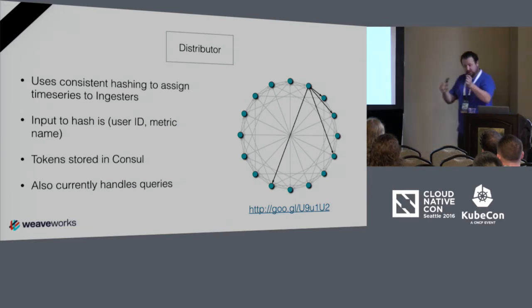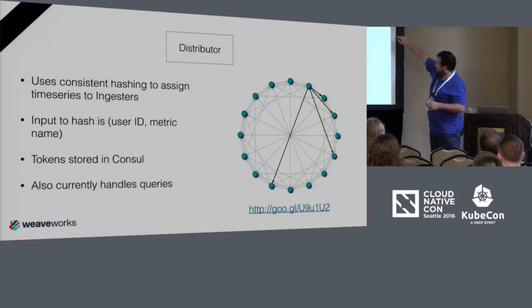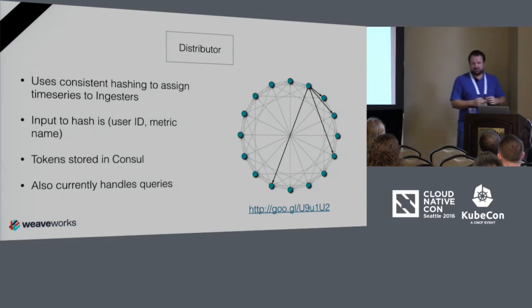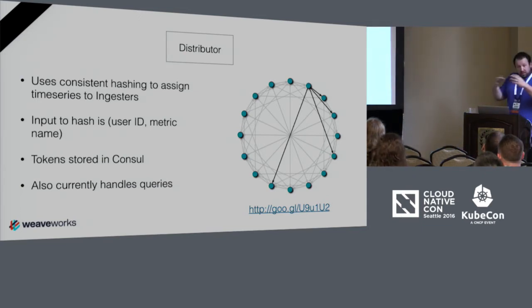Just pick a whole bunch of random numbers, insert them into the ring, and say, I now own everything from this random number to the next random number. The nice property of this system is it gives you a completely even distribution. The more random tokens you inject, the more even the distribution between ingesters becomes.